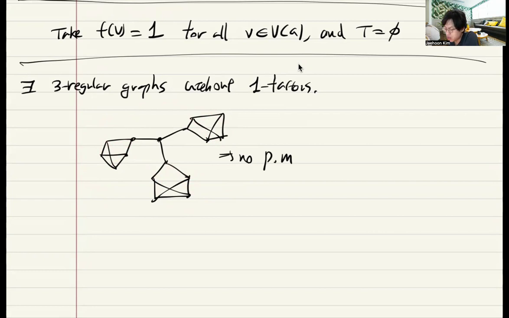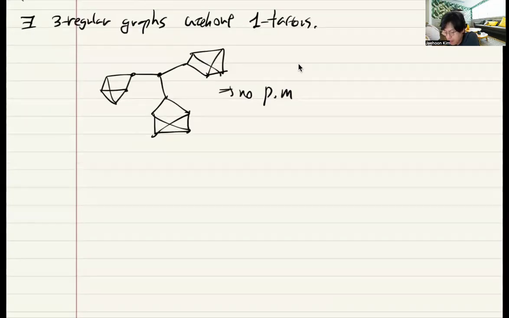But here, this has very weak connectivity. There are cut edges, right? Then one might ask, if you have a 3 regular graph which is more connected, so it doesn't have a cut edge, then does it always have a one factor?